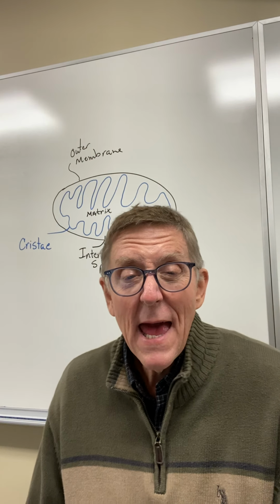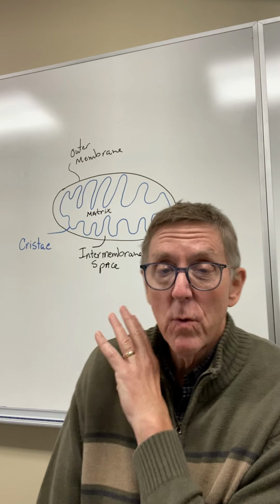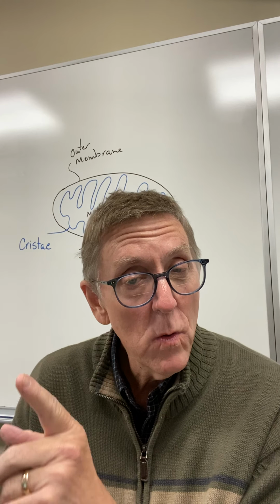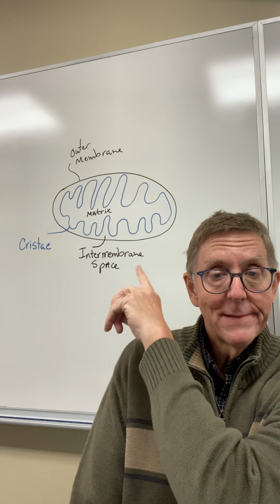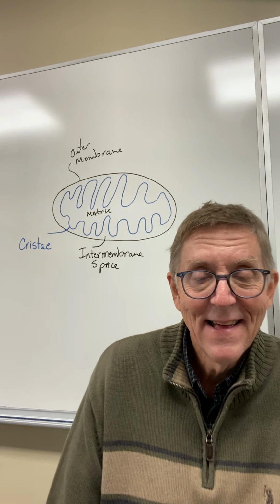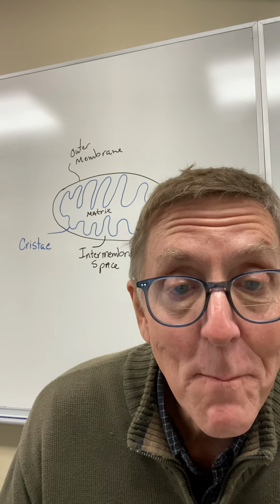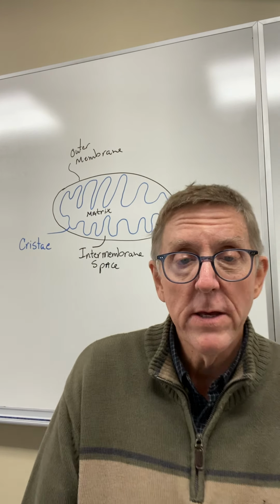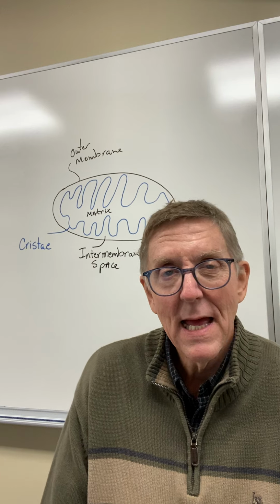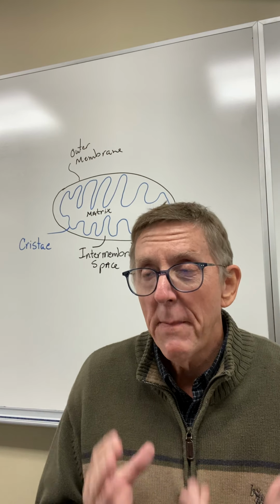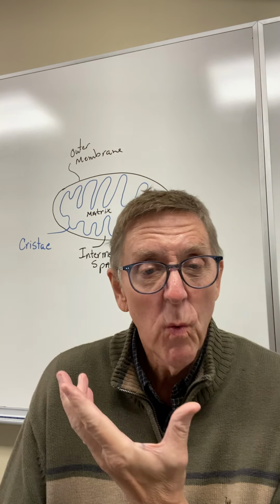All right, so what we have left when we were talking about the cell, we have a few of the organelles that we need to talk about, and one of them, that one, I've drawn a picture of it on the board over my shoulder. Hopefully you can see it good. It is a mitochondria. And when we talk about the cell, we had talked about all this work that it was doing.